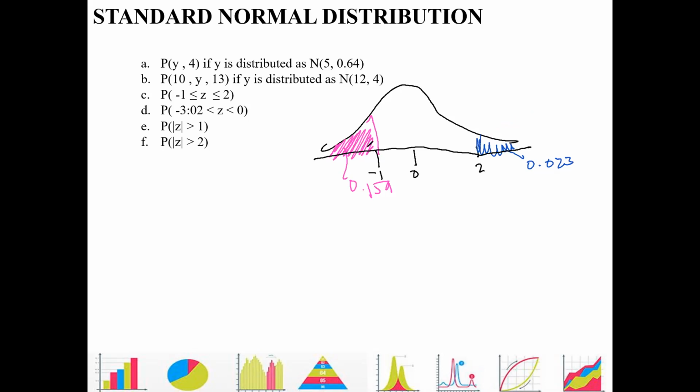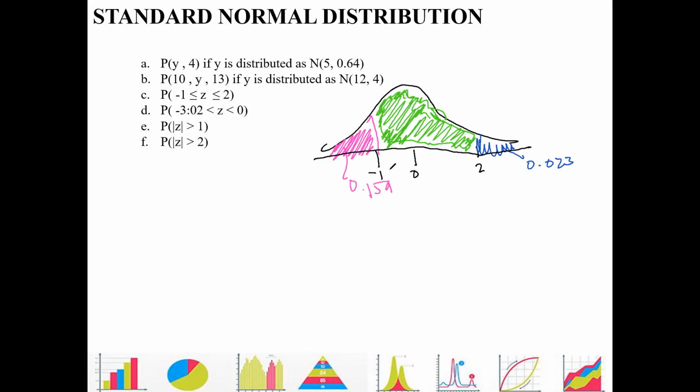Okay. Now, ano yung tinutukoy natin naman na area? Ang tinutukoy natin naman na area is not here and not here, but itong kulay green. That is in between negative 1 and positive 2. How do we get that? There are two ways to get that.